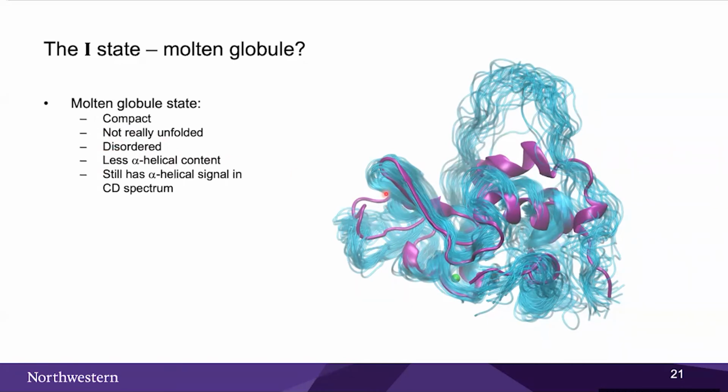But it's disordered, as you can see from the shifts of these backbone traces. It's shifting a lot. It has less alpha helical content because this alpha helix unfolds completely. But if you want to measure the CD spectrum, we think it's still possible that you get some CD signal because you still have this helical arrangement for some of the helices.